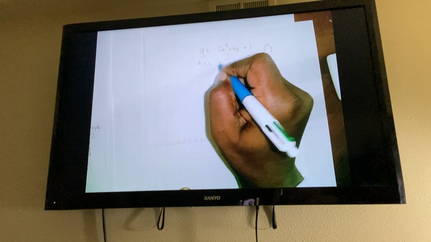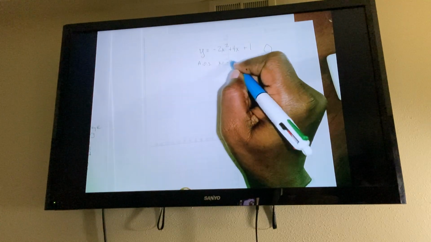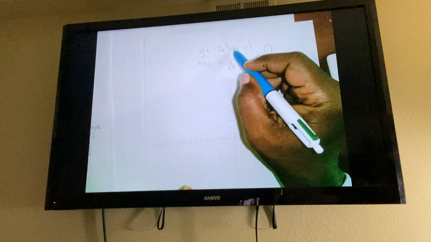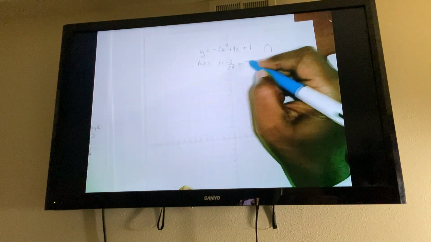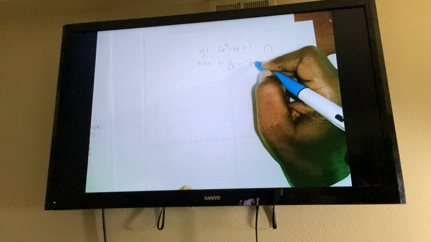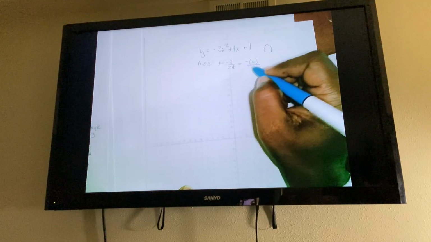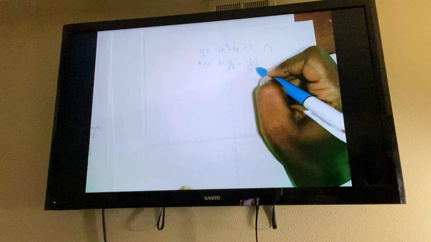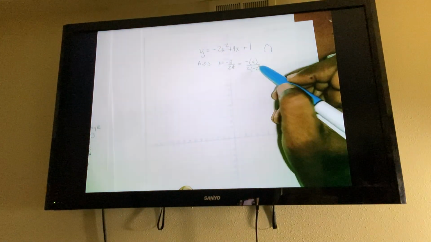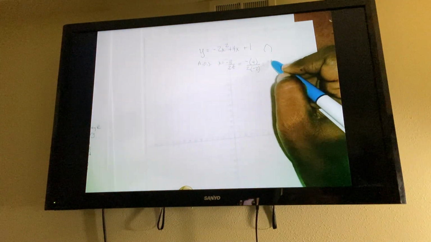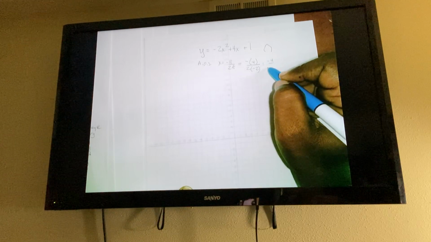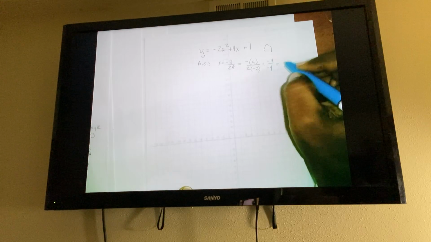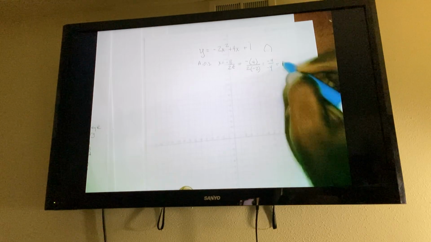Okay, going down. All right, the next thing you should have determined is the axis of symmetry, where you saw x equals negative b over 2a, where b is negative 4, so that's negative 4 over 2 times a, which is negative 2. Okay, so we get negative 4 over negative 4, which is 1.